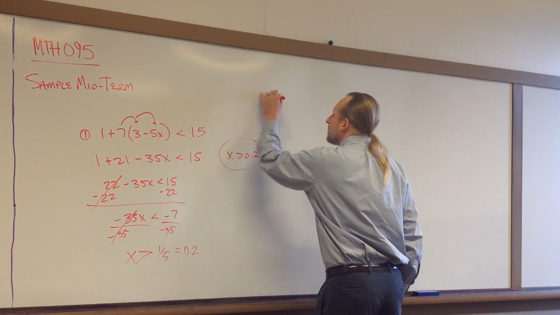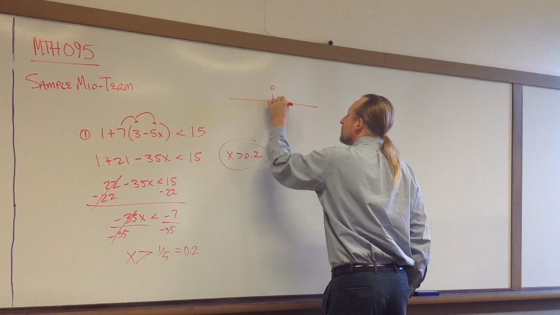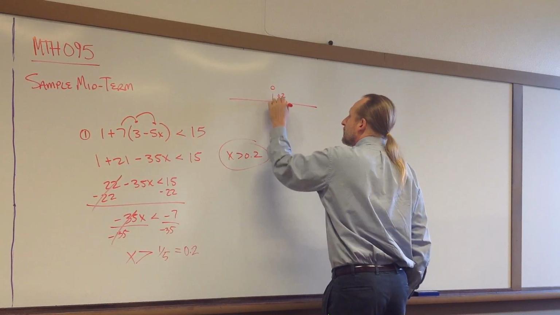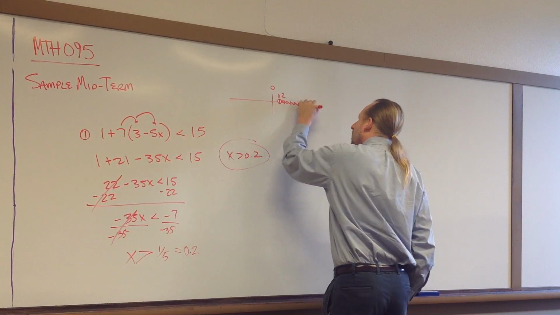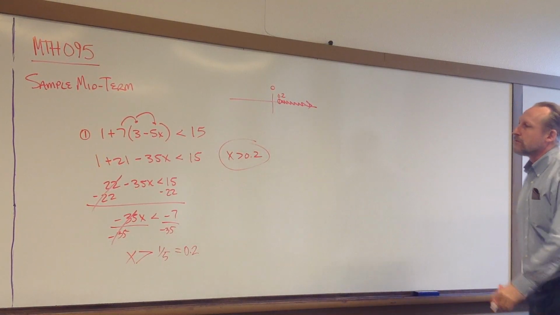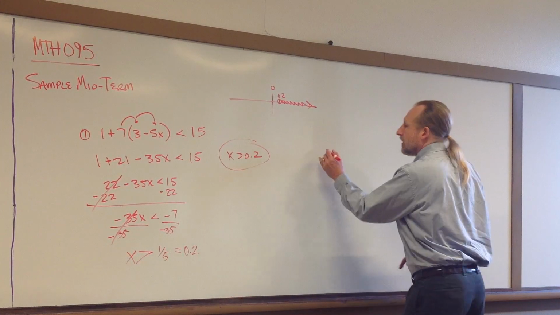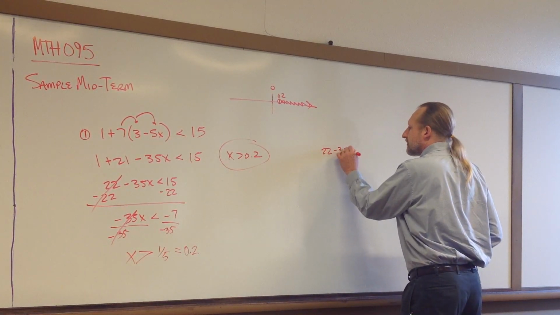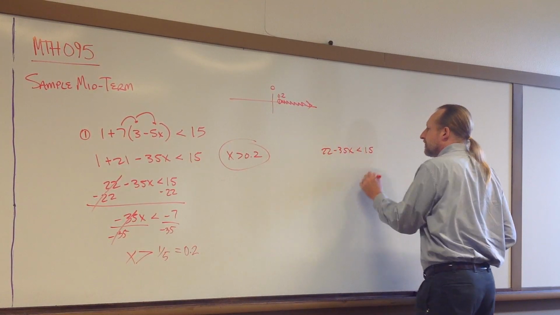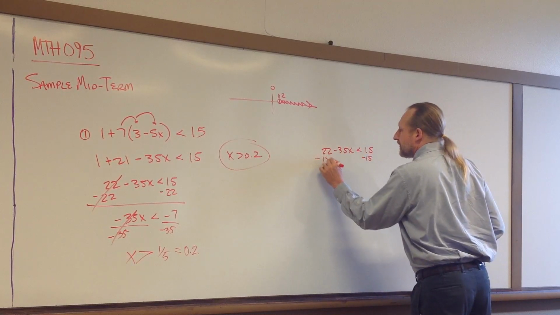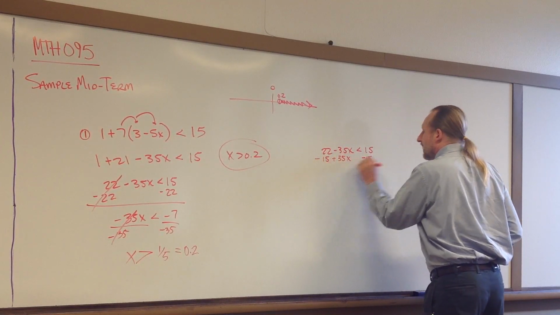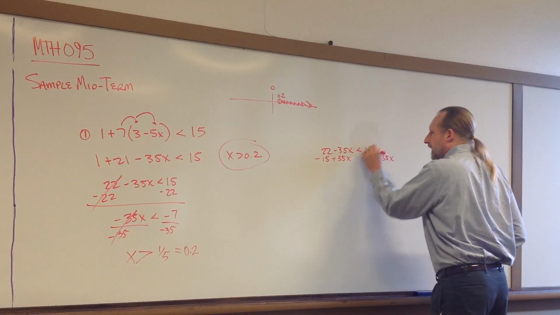And then if we want to put this on a number line, here's 0. We can put 0.2 right there. And there's x greater than 0.2. The other thing you can do is at this point, 22 minus 35x less than 15. You can subtract 15 on both sides and add 35x.